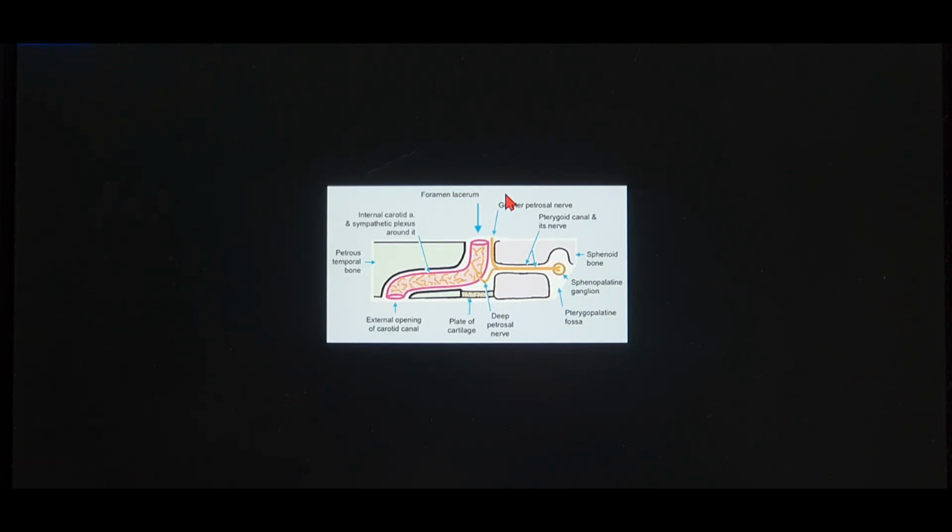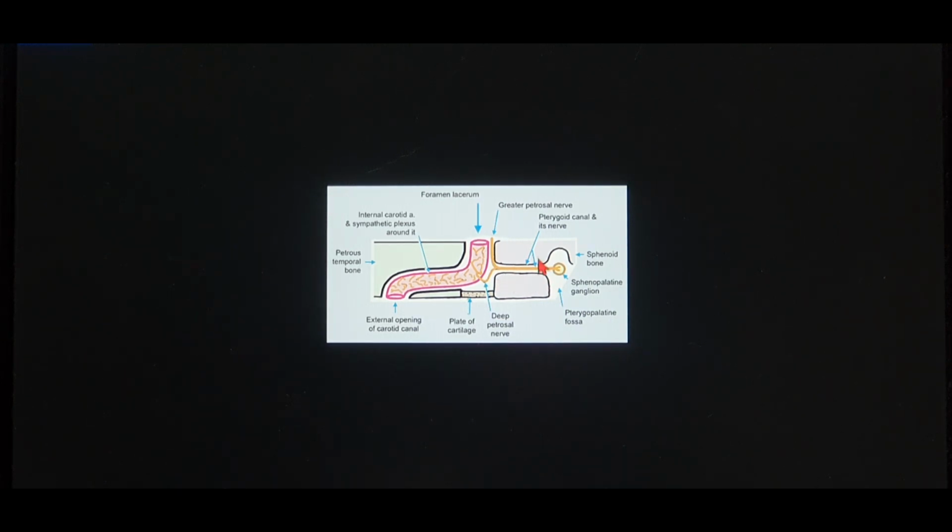Okay, that's the first very important point. And the deep petrosal nerve is actually a branch of the sympathetic plexus of the ICA over here. As you can see, it is arising from the sympathetic plexus of the ICA, and it unites with the greater superficial petrosal nerve at the most initial part of the Vidian canal. As you can see over here, this is the Vidian canal right here.